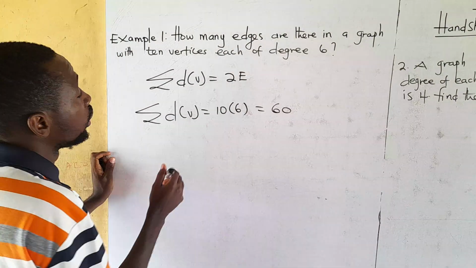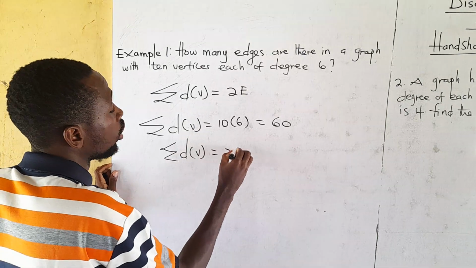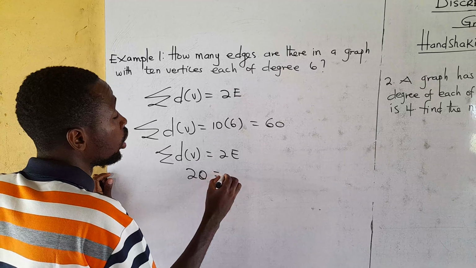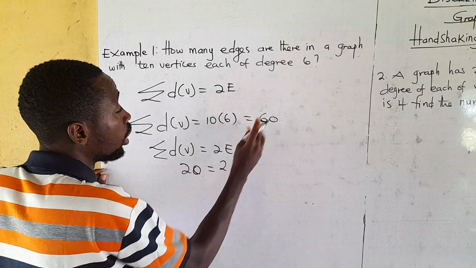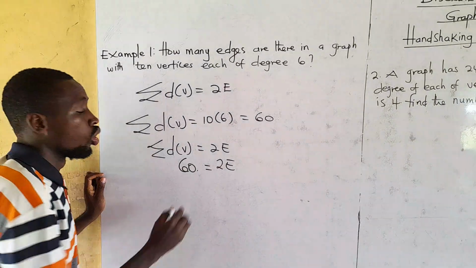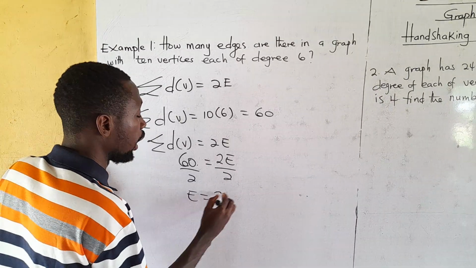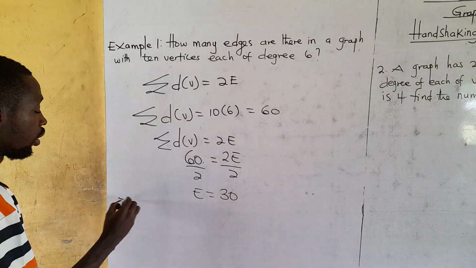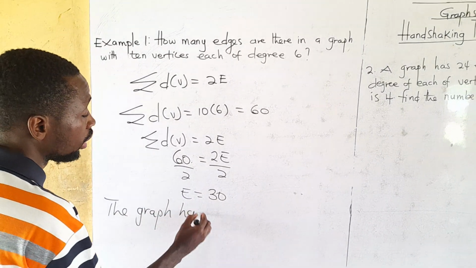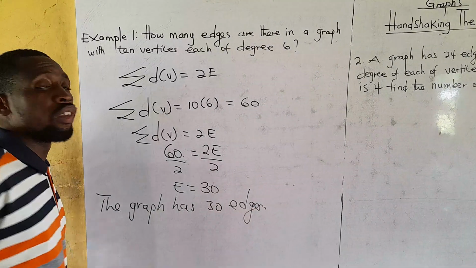The handshaking theorem says that the sum of the degrees equals twice the number of edges, so 60 is equal to 2e. We divide both sides by 2, and e is 30. Then we can say the graph has 30 edges. I hope you get that. This is very, very simple.